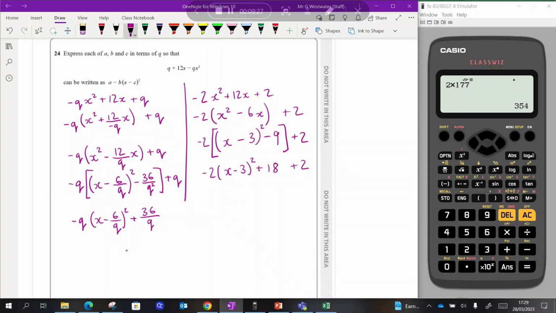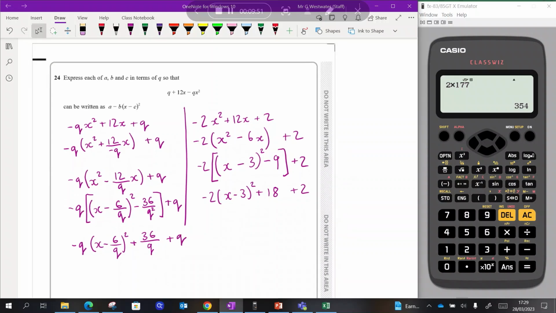Essentially we've got minus q times minus 36 over q squared. The two minuses multiplied would make a plus, and this q would cancel with that too, leaving us just 36 over q. And we still have this q over here. So, have we answered the question? Well, actually we have.